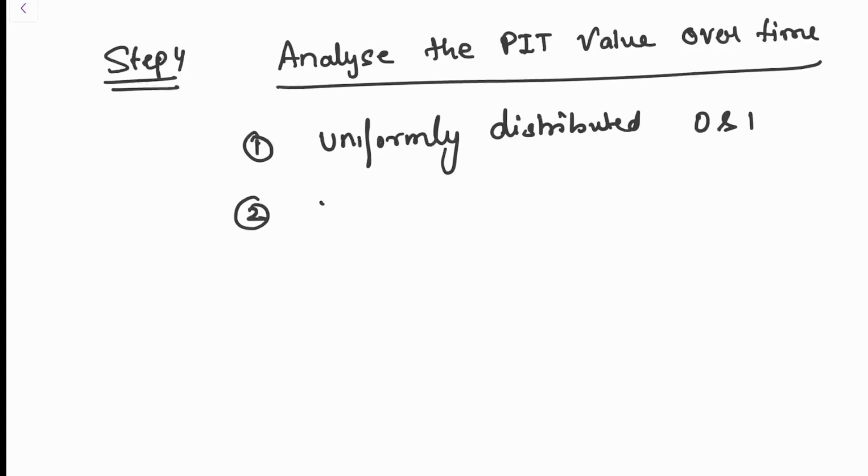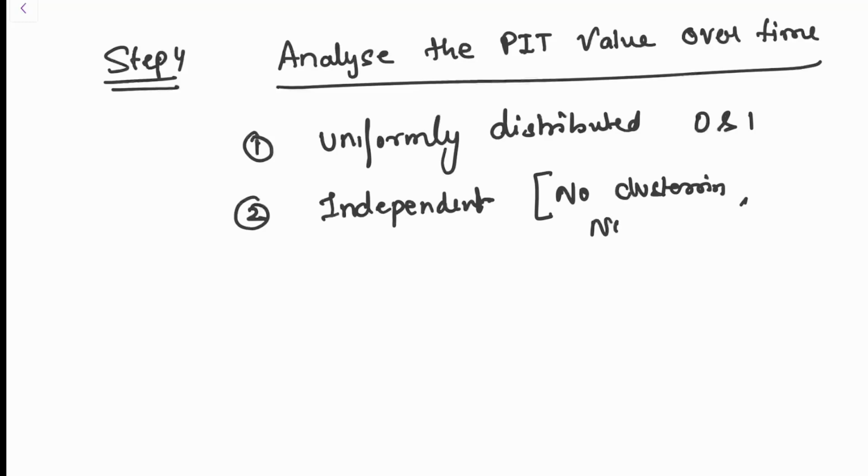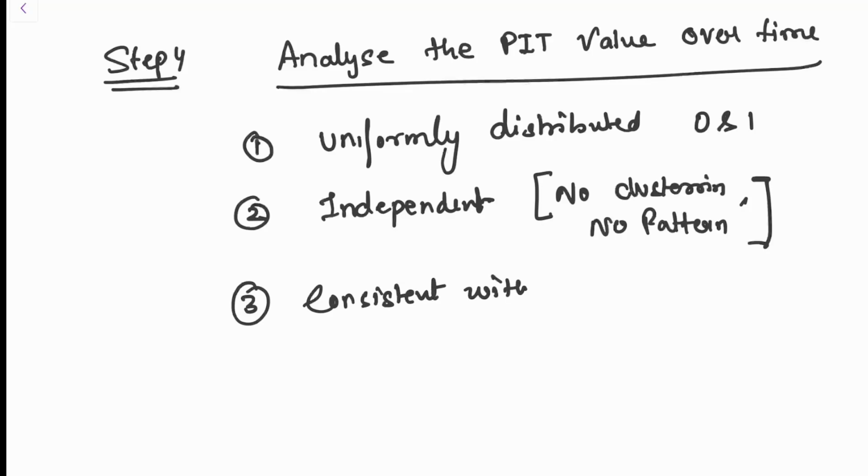Then point number 2: independent, that means no clustering, no pattern. Clear? Then we have point number 3, consistent with the expected exceedance probability.